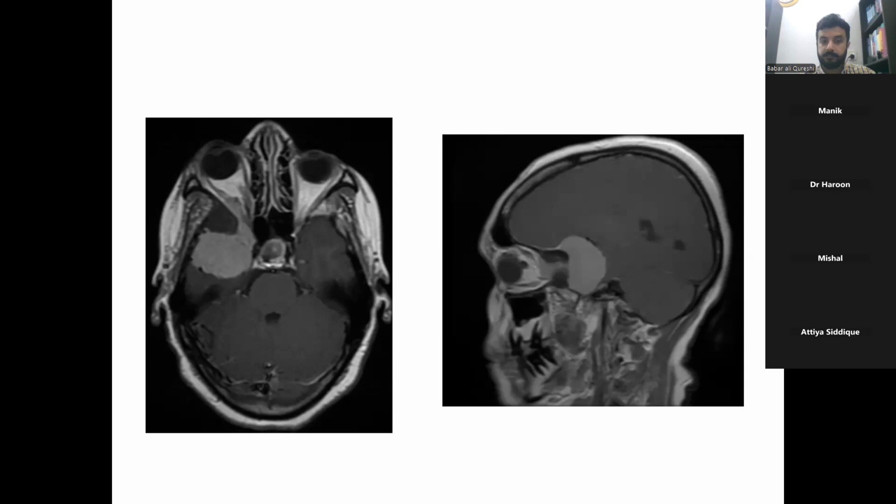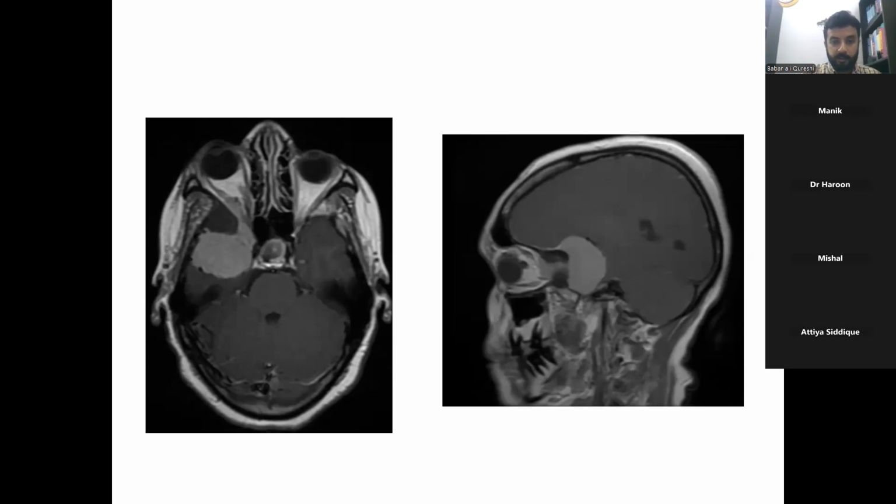I'll admit the patient, get the baseline investigations, prepare the patient for surgery, and we will go for surgery. Should I tell you the approach? Yes. We will go for the pterional approach, along with deroofing of the orbit and anterior clinoid process removal for complete dissection of the tumor.